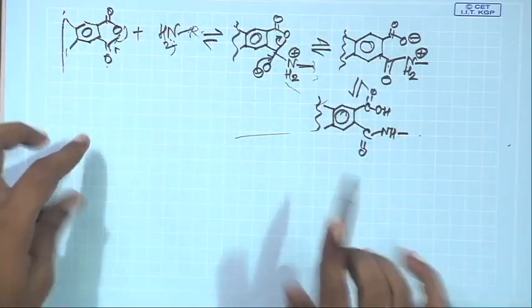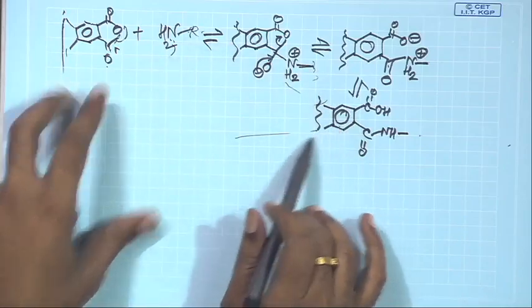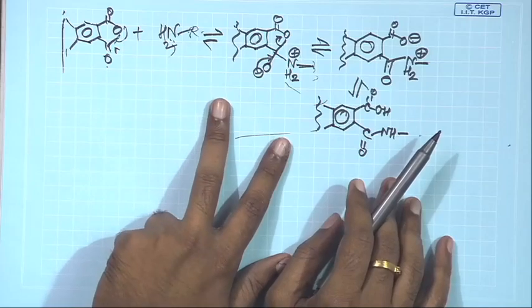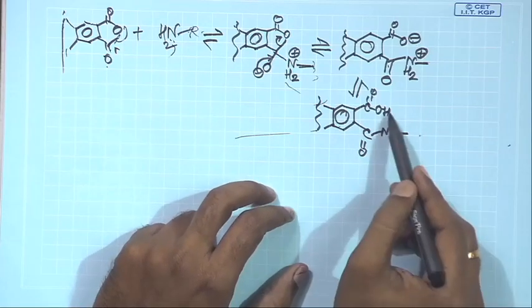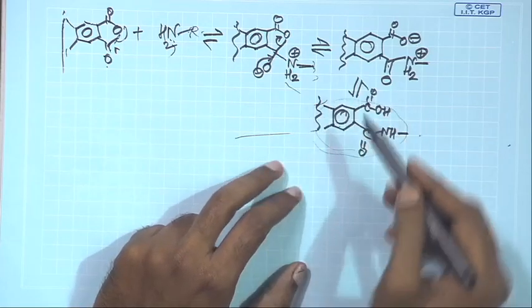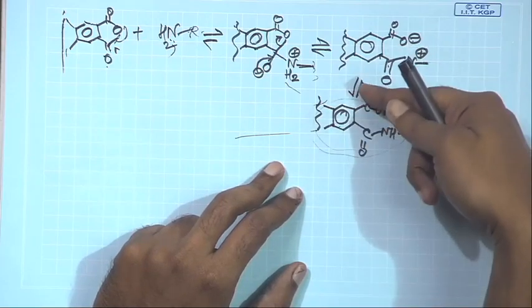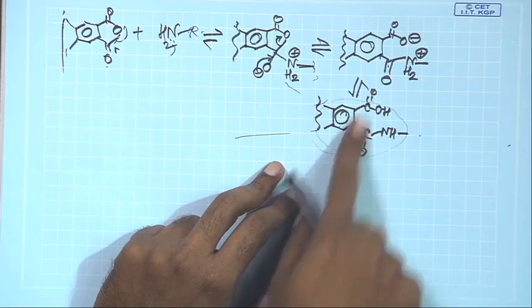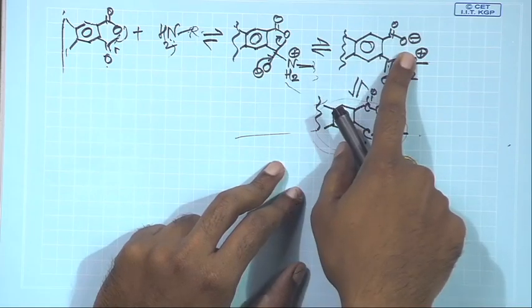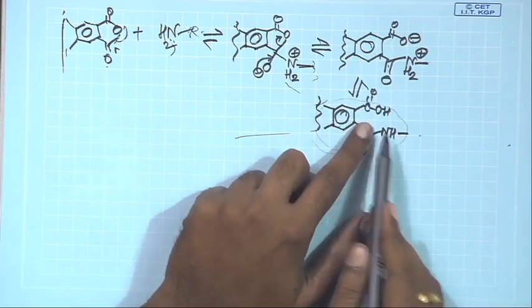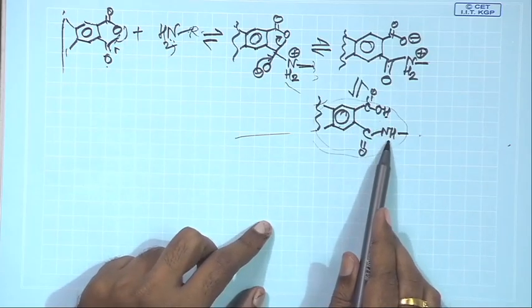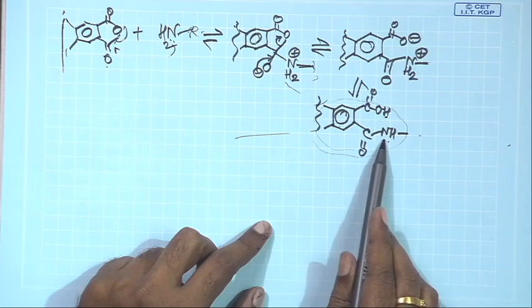Now, looking at this, remember one thing, the reactants and the products, they are in equilibrium here. Now, if you look at this product here, and if you want to go in the reverse direction, the first step in the reverse direction is basically a transfer of this carboxyl proton to the adjacent carboxamide nitrogen.